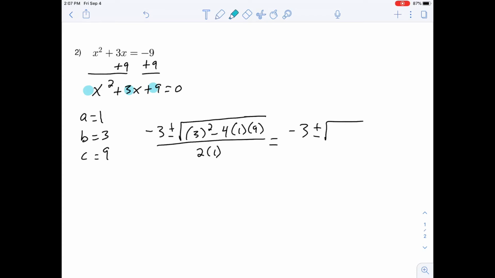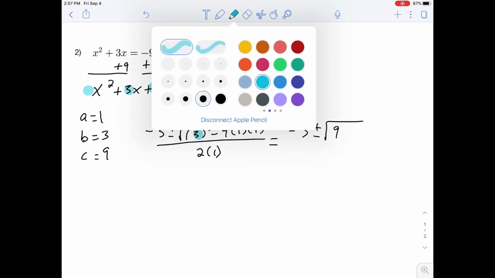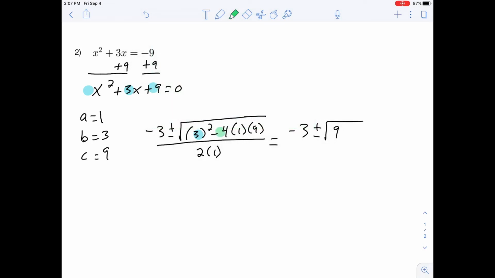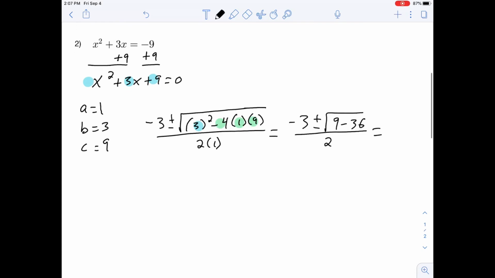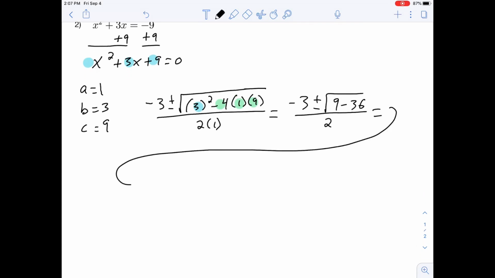So 3 squared is 9. And then we're going to multiply -4 times 1 times 9. That is -36, all over 2 times a. So 2 times 1 is 2. So what does that give us? I'm going to go ahead and bring this down here. So that gives us -3 plus or minus the square root of negative 27, because 9 minus 36, all over 2.